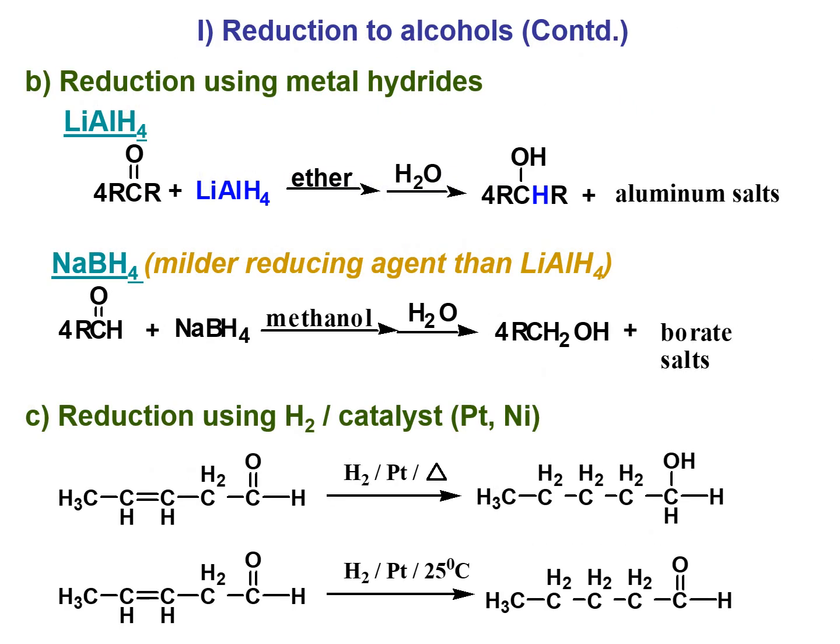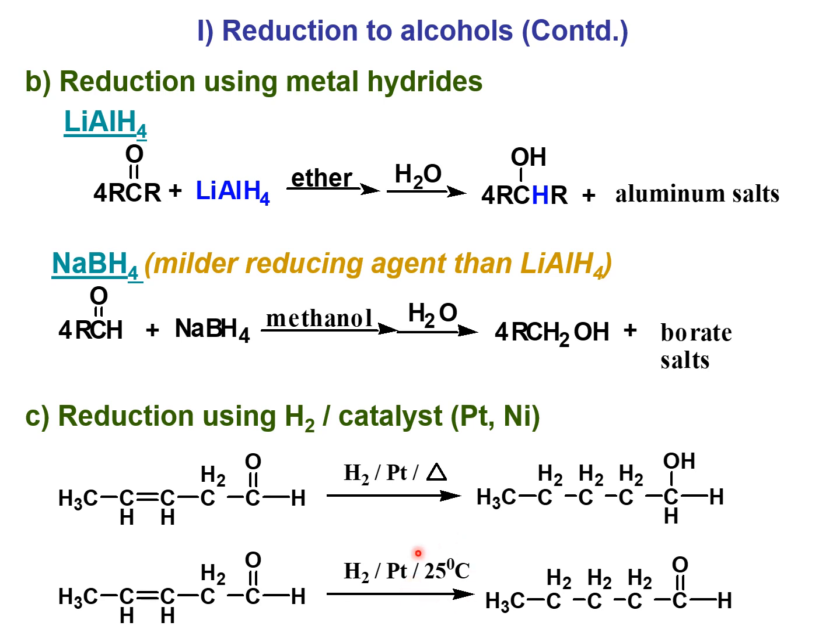We have the regular reducing agents, which are the metal hydrides like lithium aluminium hydride and sodium borohydride. They give the alcohol, whether primary or secondary. And we have the catalytic reduction, but remember that if you perform catalytic reduction using high temperatures, you will reduce the carbonyl compound together with anything in the side chain.